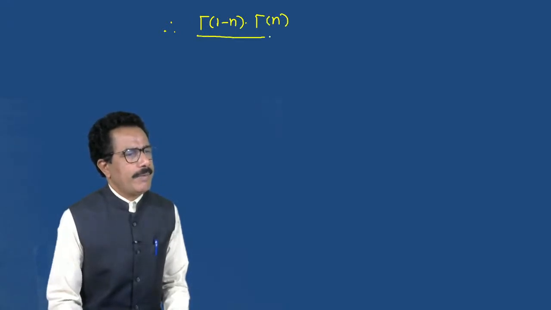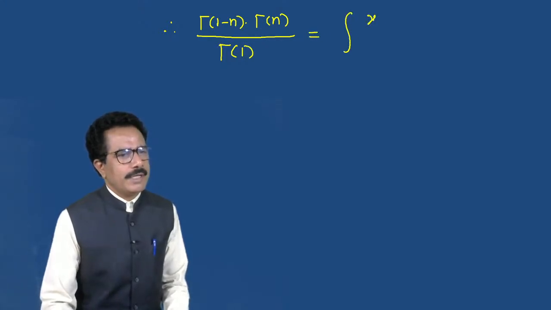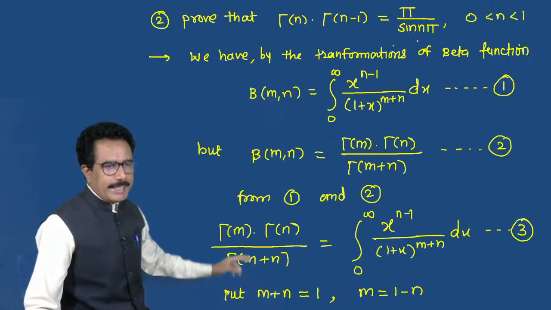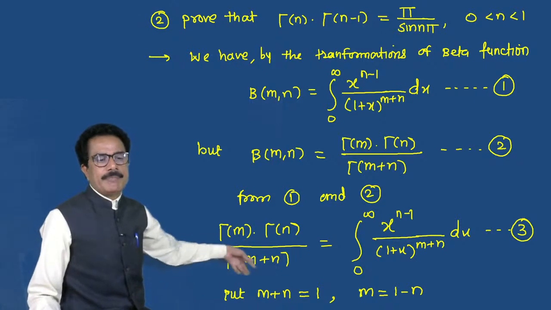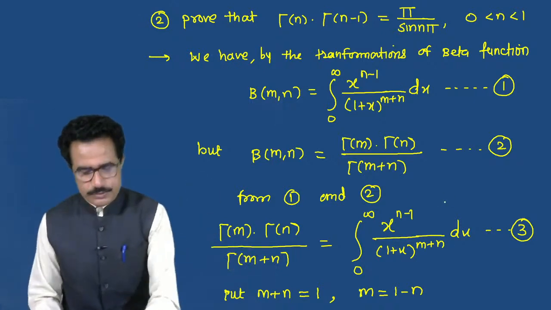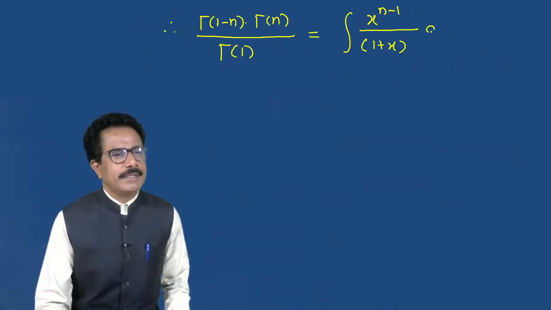So it will be gamma of 1 minus n, put gamma n as it is, divided by gamma 1, which is equal to the integral of x raised to n minus 1 divided by 1 plus x raised to m plus n. m plus n means 1, so we can write 1, dx.